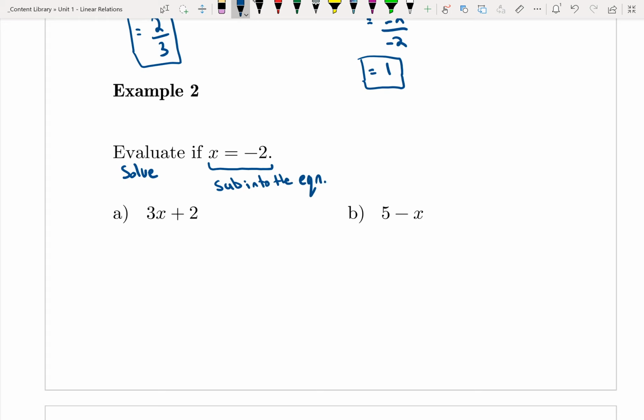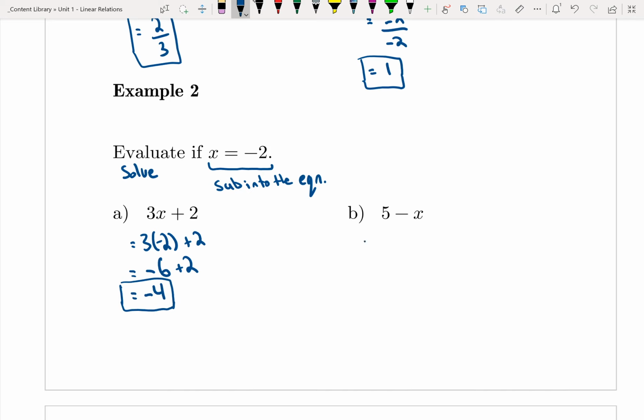So in example A, 3x plus 2, instead of the x, I'm going to replace that with negative 2 plus 2. So this becomes 3 times negative 2, negative 6 plus 2. And now I'm just going to add these two numbers. So negative 4, which is my final answer.